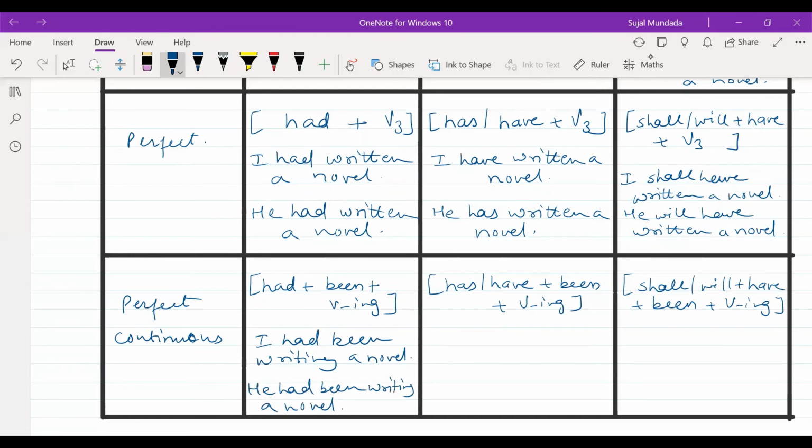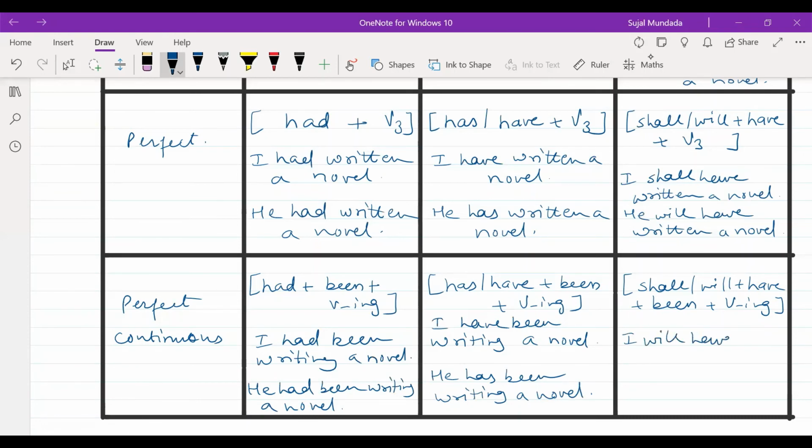Now same sentence in present perfect continuous tense will be I have been writing a novel, or he has been writing a novel. Future perfect continuous tense.